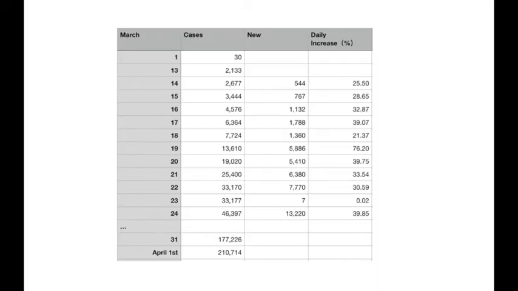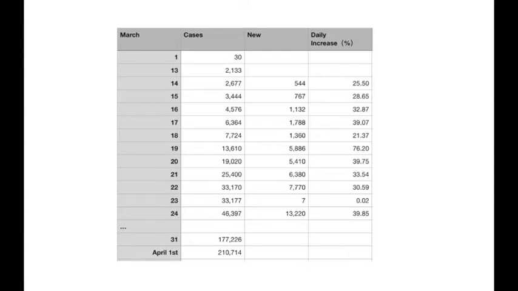Okay, so basically that's all you need to know about exponential growth. But today I want to talk more about how the number of COVID-19 cases, the newly discovered coronavirus, grows.